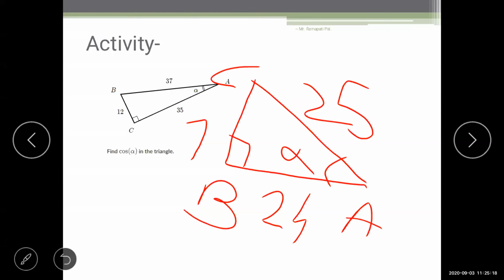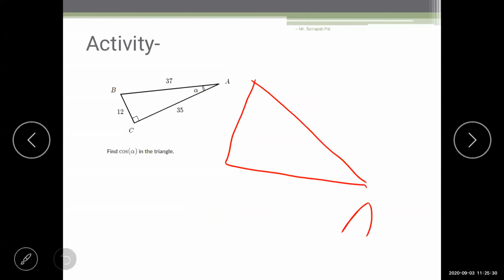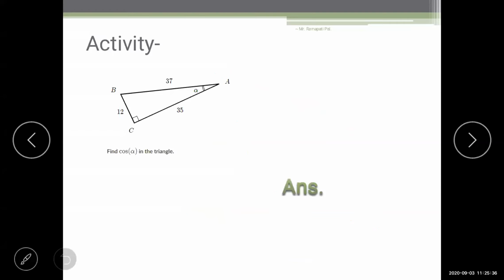Now we will see. One student has written 12 upon 37 in the first question. Correct. So I will show you what the first answer is.